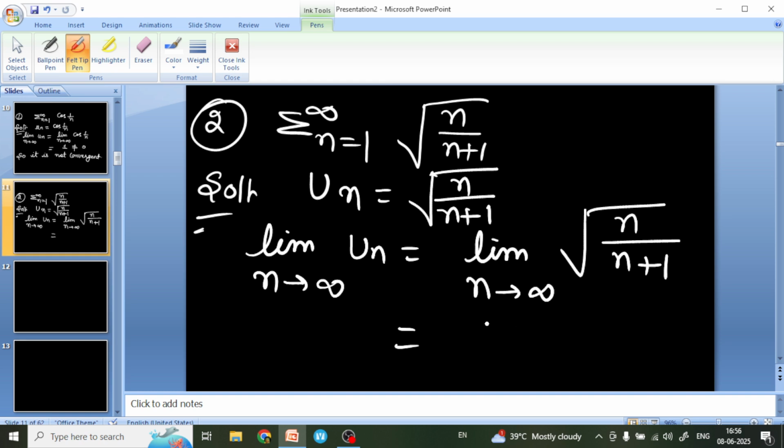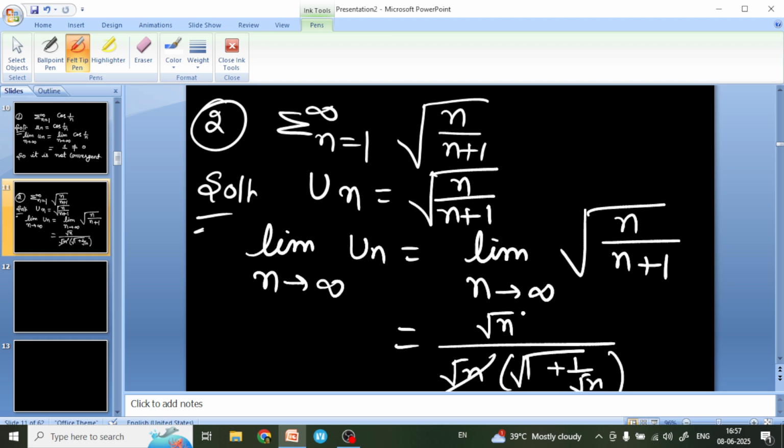Take root n common in the denominator. You will write here 1 plus 1 over square root n. Root n cancels with root n. You will find 1 over square root of 1 plus 1 over root n.